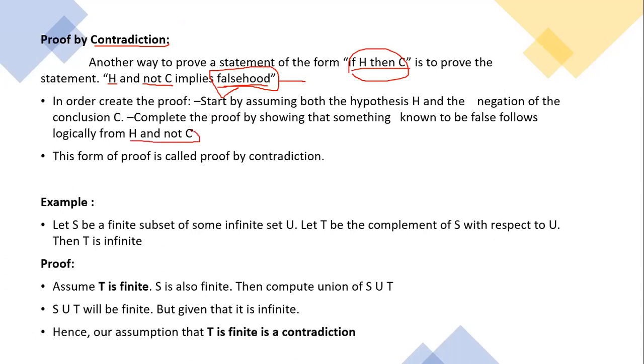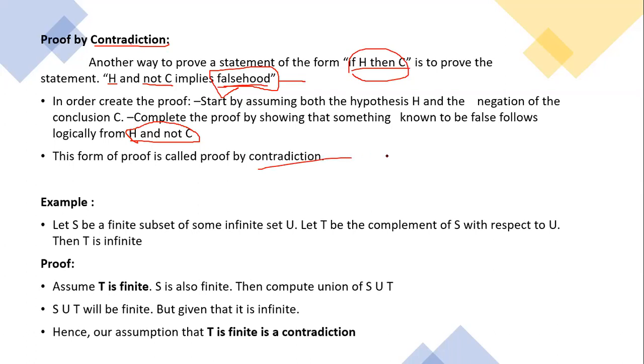Please remember this, H and not C. This is the main term in contradiction. Contrapositive is if not H then not C; in contradiction it is H and not C. This is called contradiction proof.